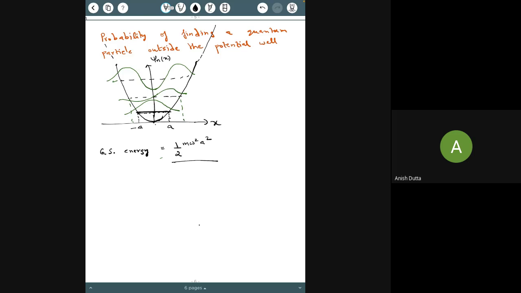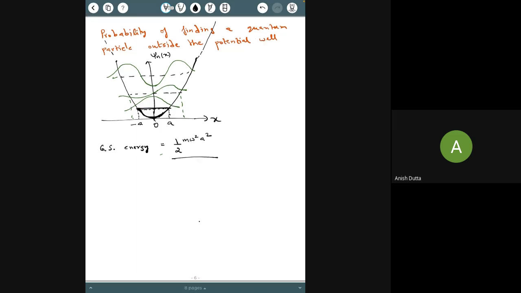But the potential is different across this whole range. At the 0 point, you have only kinetic energy, and at minus A and A, you have only potential energy, but the value is half m omega squared A squared. Then this tells you that A is equal to root over 2E by m omega squared.